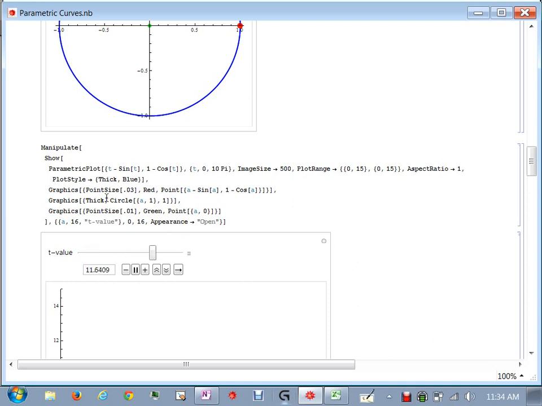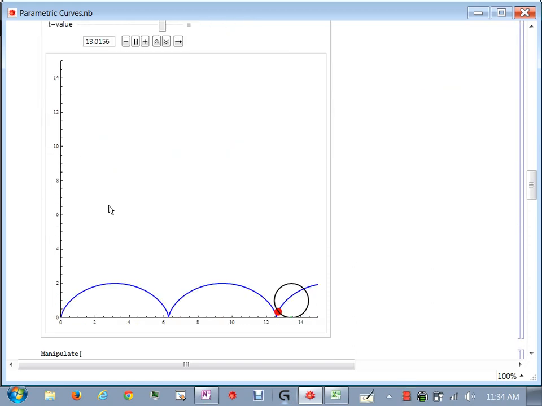You could actually prove this with some geometry. I think the book goes through it and proves how this comes about. But this right here draws that. You believe it? You could plug in values of t and you would see it would do it.